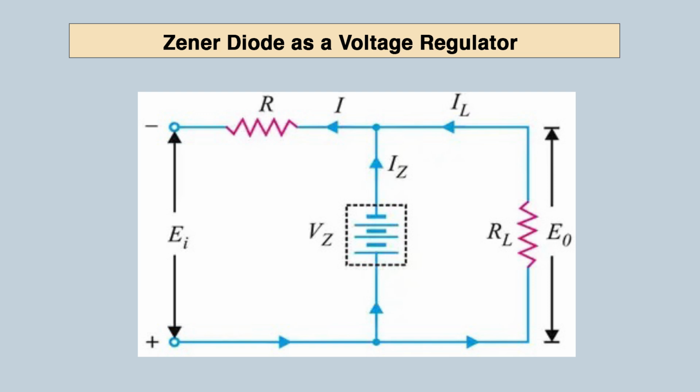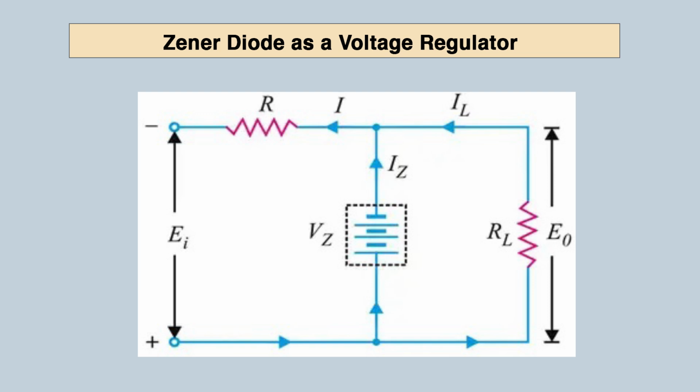Since the Zener diode is in the breakdown region, the Zener diode is equivalent to the battery Vz as shown in the figure. So, here we can see the Zener diode is equivalent to the battery Vz. The output voltage remains constant at Vz.